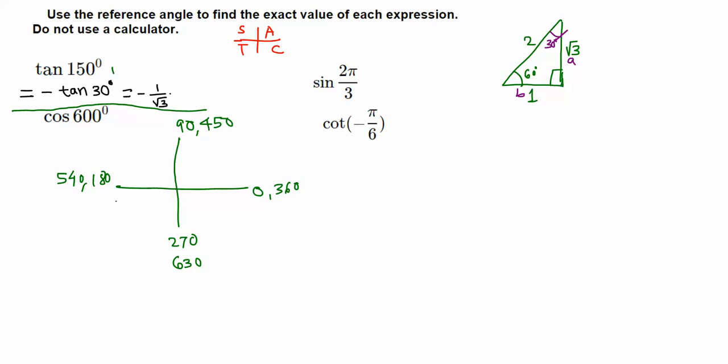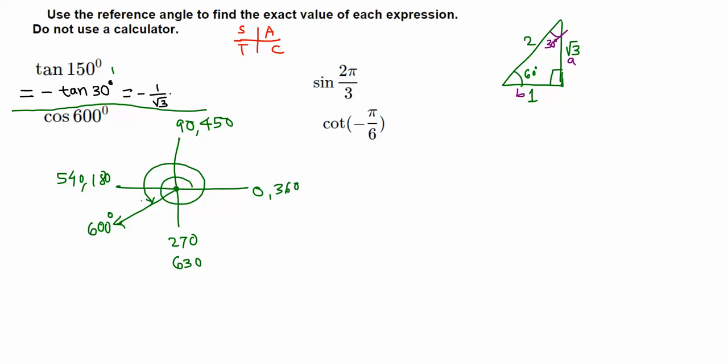So 600 will be between 540 and 630, somewhere here, it doesn't have to be exact. So we go around one time, 360, and go more, then we get to the terminal side, that's 600 degrees.